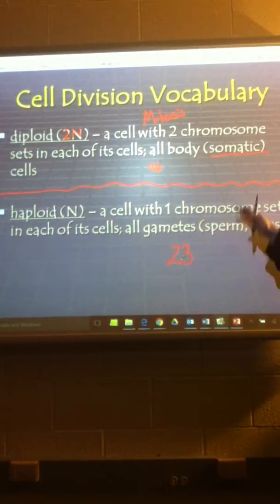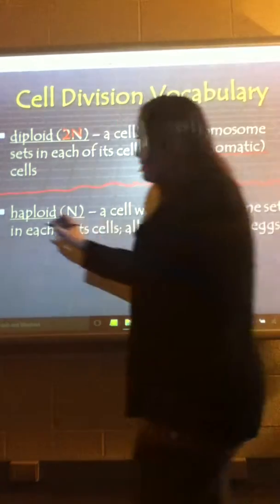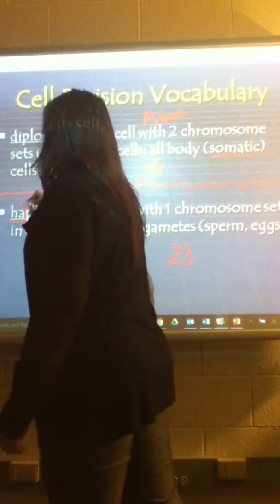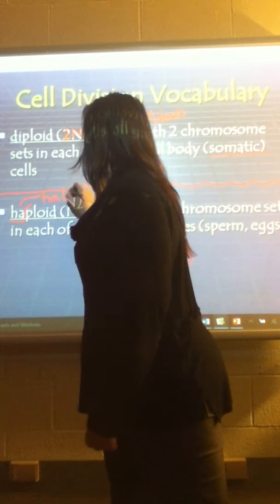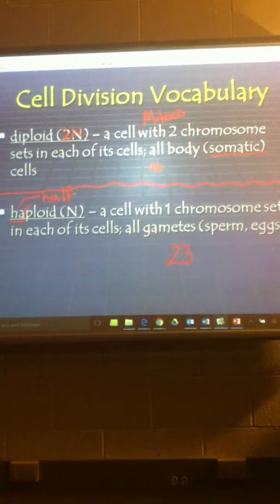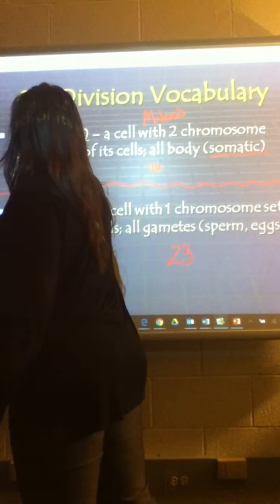All right. So ways to remember this. This is good stuff here. This is your tax dollars hard at work. The way I remember haploid, I think of the word half. The way I remember diploid, I think of the D for double.